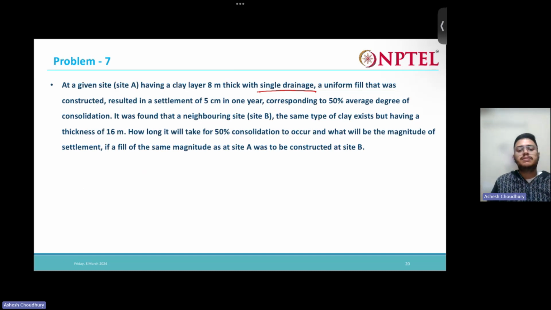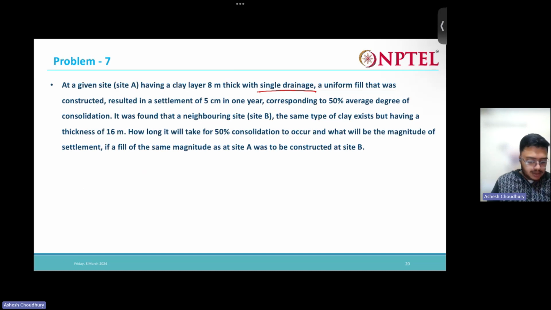It was found that a neighboring site, the same type of clay exists but with a different thickness, 18 meter. How long will it take for 50% consolidation to occur, and what will be the magnitude of the settlement if the field is the same? Same field, right?